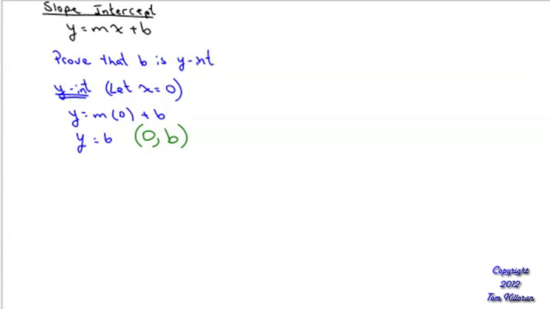All right, now how do I prove the harder part? How do I prove that m is really equal to change in y over change in x? See, m is just a letter, but to you it represents slope, but you don't know why, which is kind of scary.